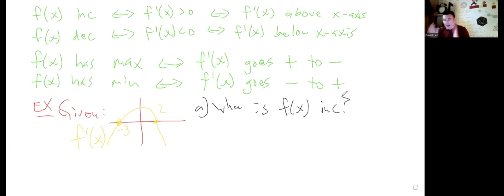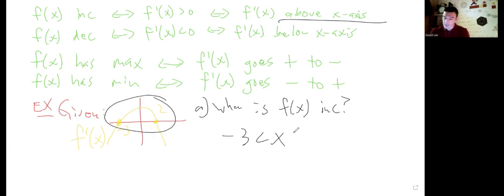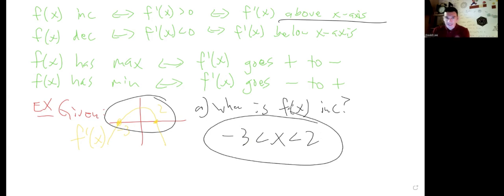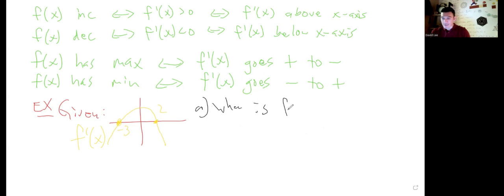So f increases when its derivative is above the x-axis. It's above the x-axis there, from -3 up to 2. So x is between -3 and 2. The derivative is above the x-axis, making it positive, making f increase. Right? Part B, the opposite.